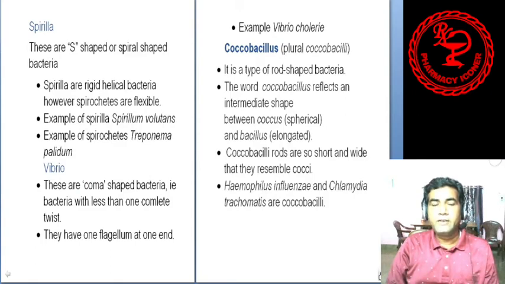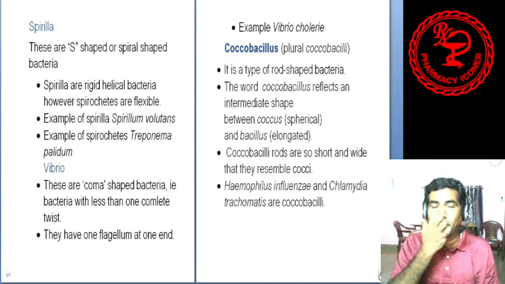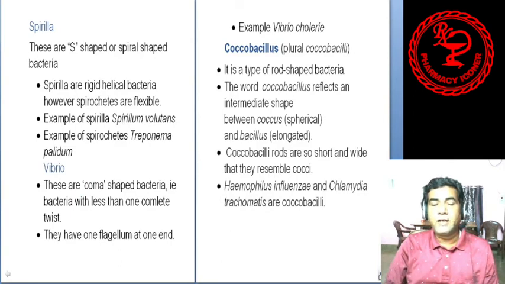Then Vibrio. Vibrio is a comma-shaped bacteria, that is, bacteria with less than one complete twist. Each Vibrio has one flagellum, and due to the presence of this flagellum they are partially bent. An example is Vibrio cholerae.